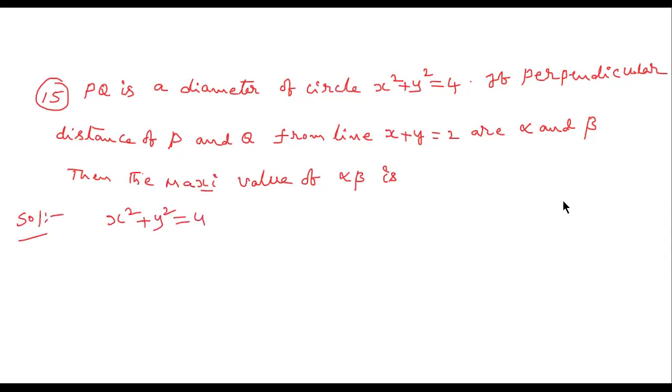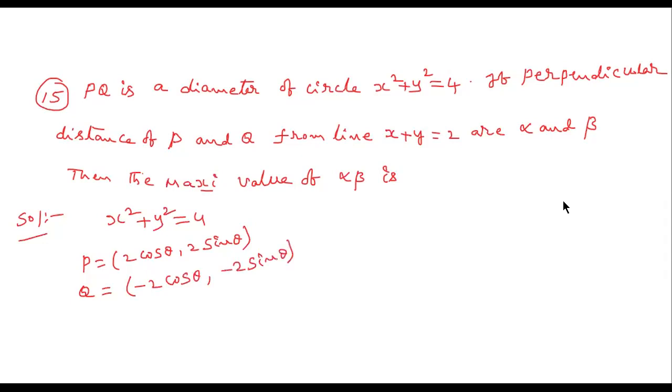Now take the parametric equations. What we get? R cos theta, R value is 2. 2 cos theta, 2 sin theta. This is one point P. Then Q is minus 2 cos theta, minus 2 sin theta.